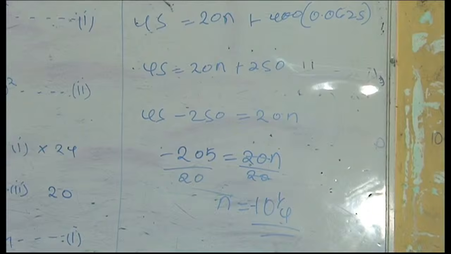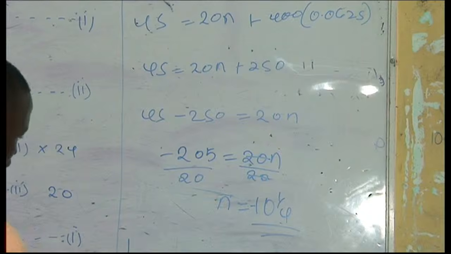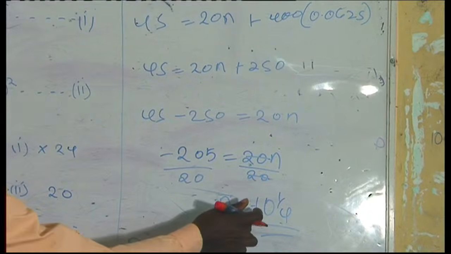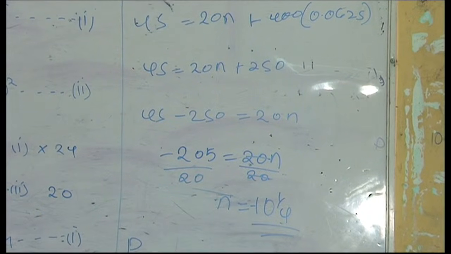Now we need to get the equation that is connecting the two. We can say that P is equal to, because this one is negative, it is good to start with the positive part.